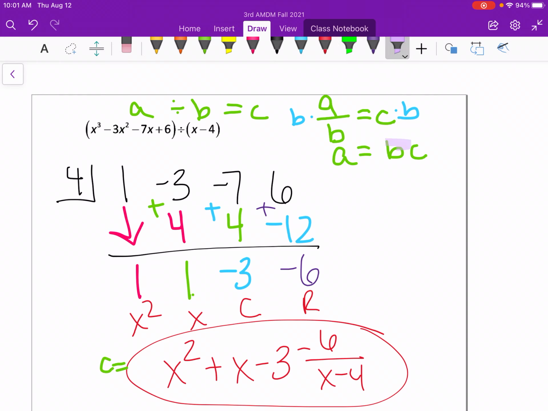That means that I could take B, which is what we divided by here, times C, which is my answer here. If I multiply those two things together, I should get A, which is this here. So you could check your answer that way. That's a good way to check it. You could also do that in your calculator, by taking B times C in your lists and see if B times C is equal to A as far as your data is concerned.